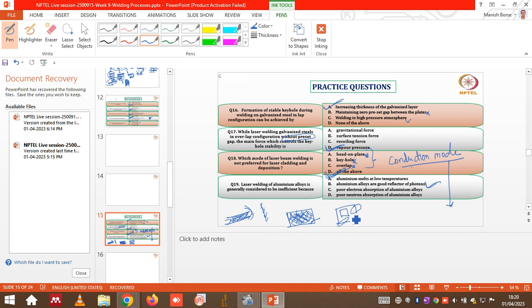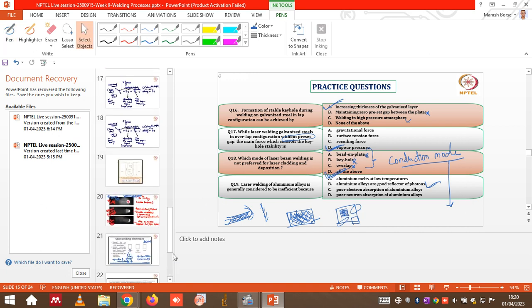It will locally vaporize the material in certain areas, and it will form the slot or any particular shape, right? So it can also be used as a slot making or cutting operation. So I think with that I have tried to cover all the questions related to the laser welding operation.